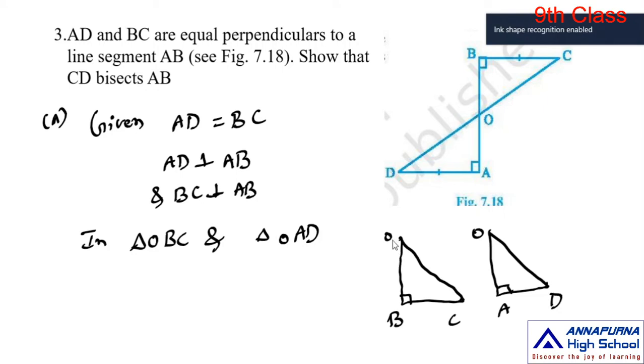First triangle OBC, this is the right angle triangle. Second, OAD, this is another right angle triangle. We have to prove that these two right angle triangles are congruent.